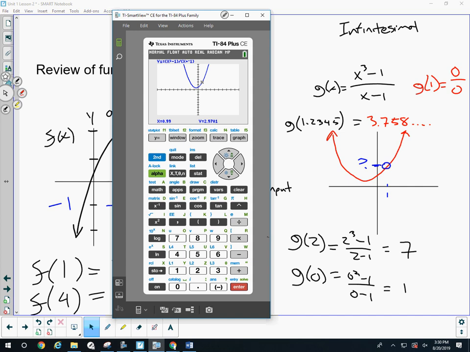You're not allowed to divide by 0, but you can divide by 0.01. That's fine. So now I'm at 2.97. So maybe my answer is 2.97. Should I just stop there? No. What should we do? 1.01. Okay, maybe I go to the other side, 1.01. Oh, I'm at 3.03.